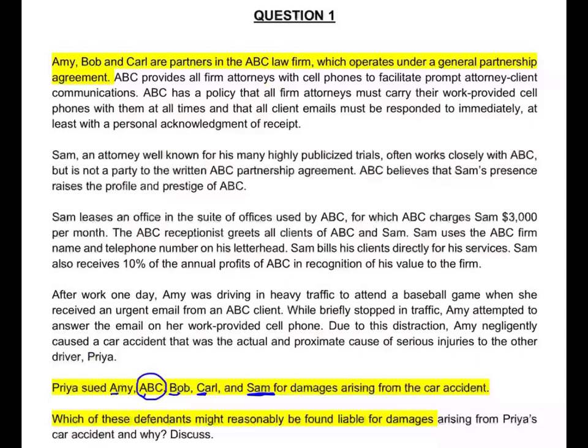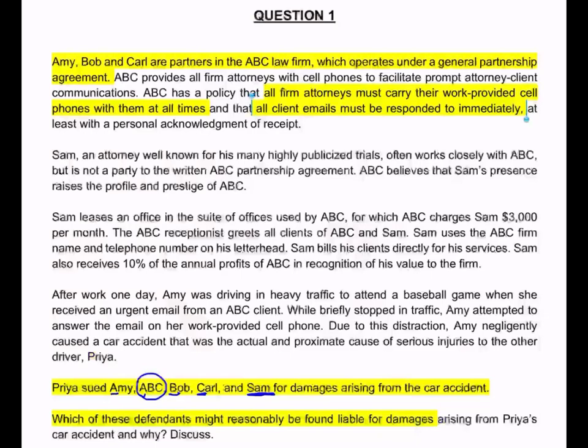So the first sentence told us that A, B, and C were partners and that they had a partnership agreement. It goes on to say that ABC provides all firm attorneys with cell phones to facilitate prompt attorney-client communications.